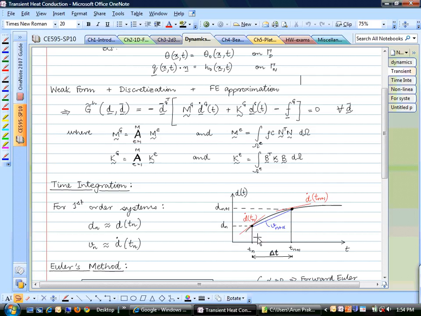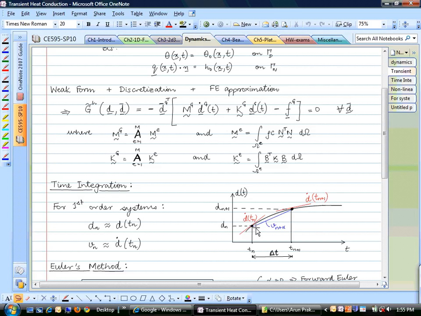So using the information at time step n, I need to find out where it goes to at time tn plus 1. And the idea is that since I know the value of the temperature at this point, I know the rate of change of temperature at this point. Using this information, I can calculate where it will go.